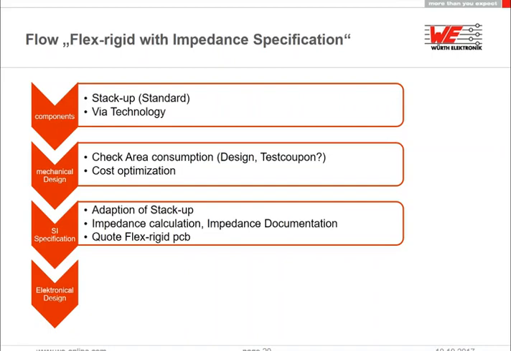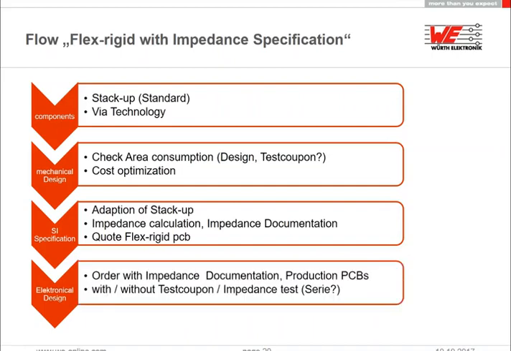Then we will perform an impedance calculation and finally provide a documentation with all the information inside to you. After that, it's possible to make a quote for this Flexrigid PCB. So then you can order this PCB with the complete impedance documentation.